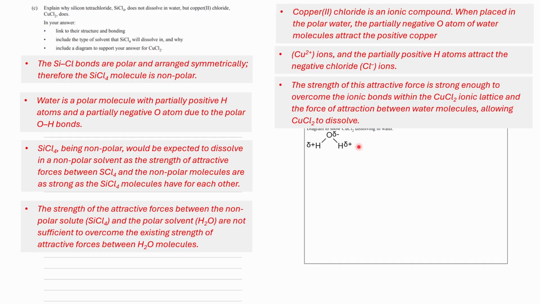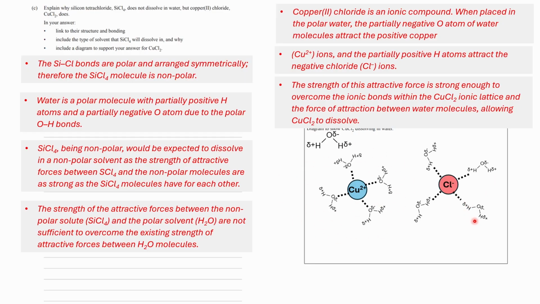So here's our water molecule with the partial charges shown, and we can draw our ion here. Here's a copper ion, and you can see that it has this attraction to the partial negative charge of the oxygen atom from water, forming attractions that are as strong as the copper had for the chloride ions. And the chloride does exactly the same with the hydrogen part of the water molecules.